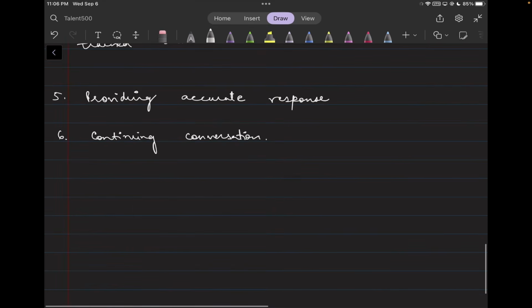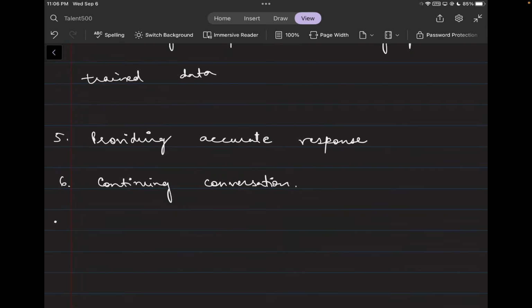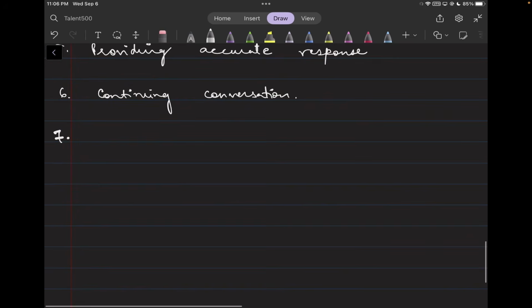Now the next step which we have here is learning and improving. Okay, so this chatbot is going to use machine learning algorithms, and based upon those algorithms, it is going to learn continuously.